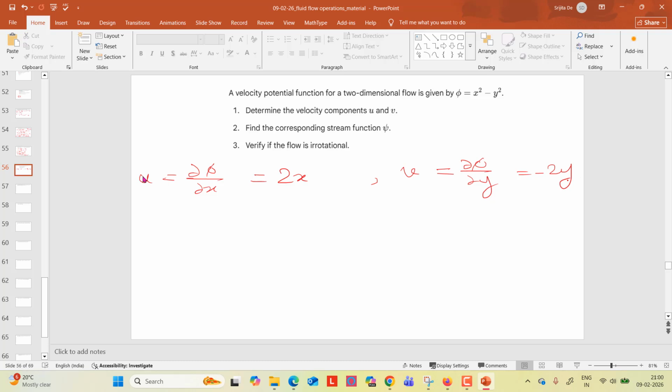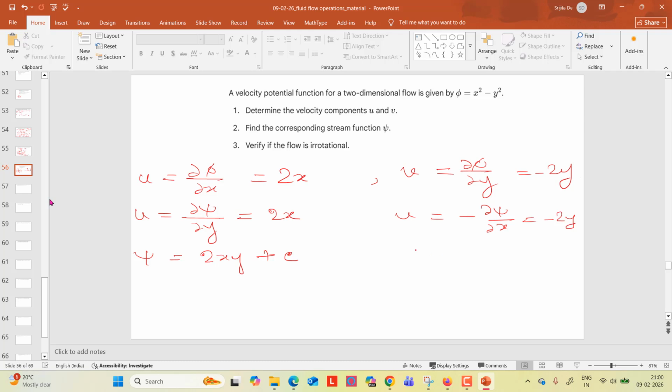Find the corresponding stream function. So u equals del psi del y equals 2x. That means psi equals 2xy plus c, and v equals minus del psi del x equals minus 2y.